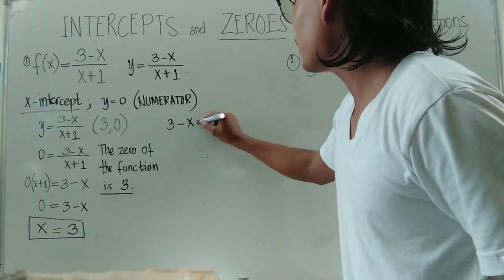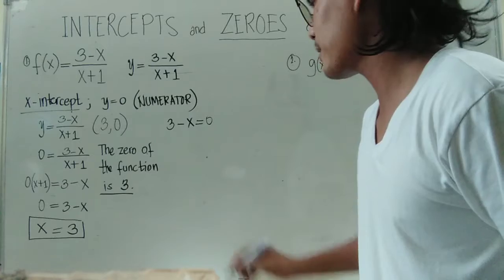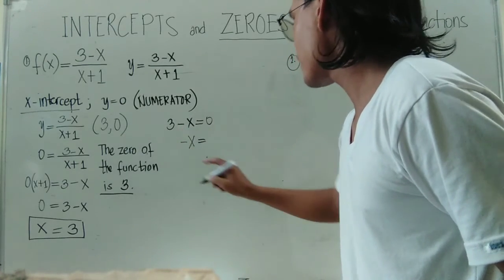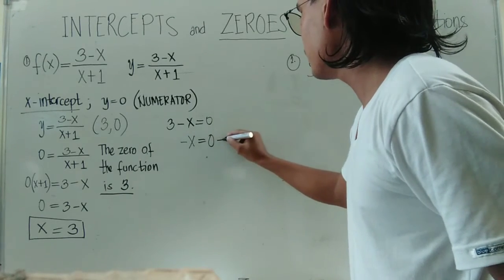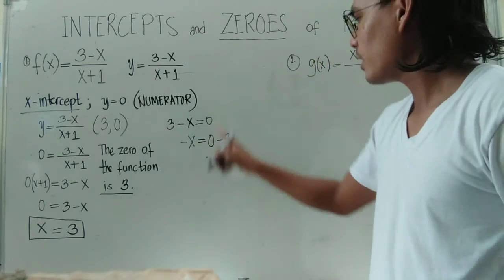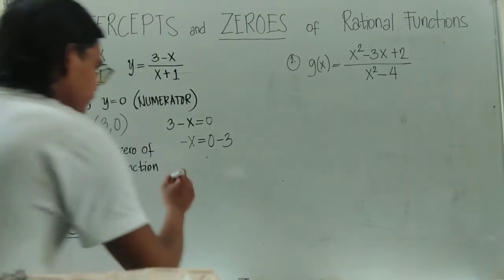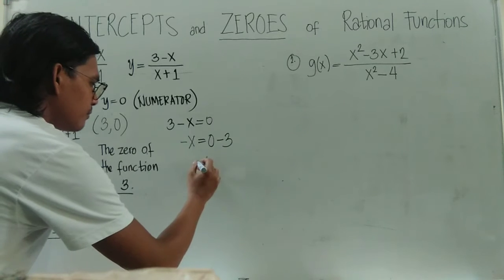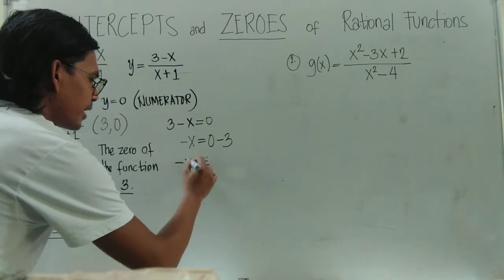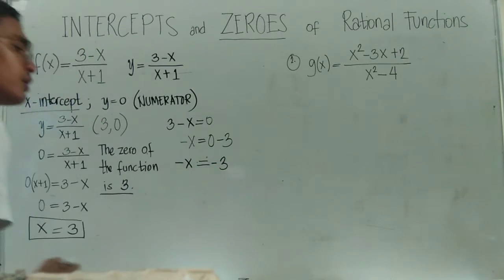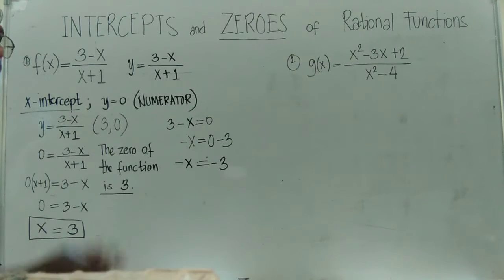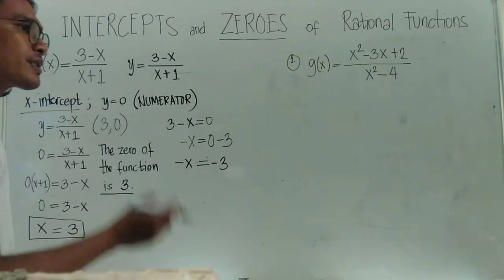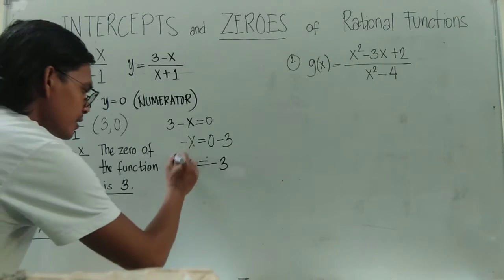Okay? Then equate it to 0. Then solve for x. So isolating x, we have negative x equals negative 3. Okay, so we are not solving for the negative value of x. We are solving for x. It means that we are solving for the positive x.